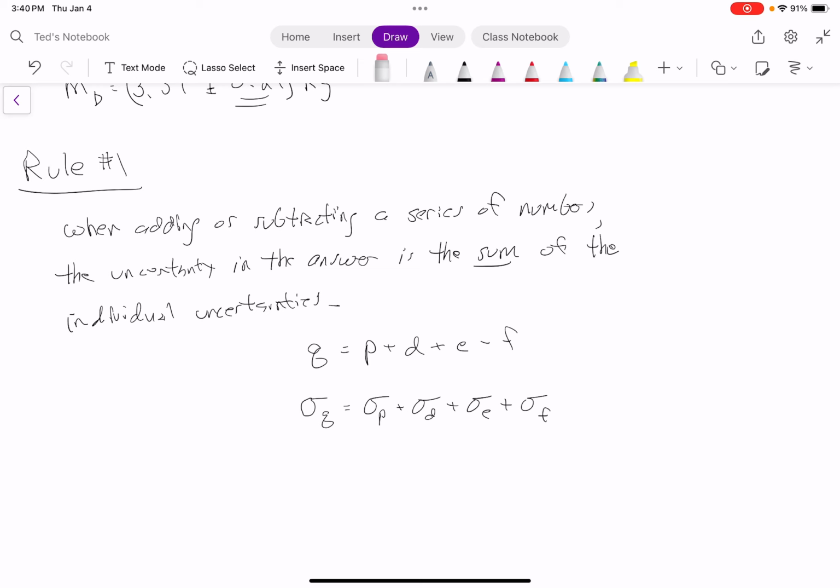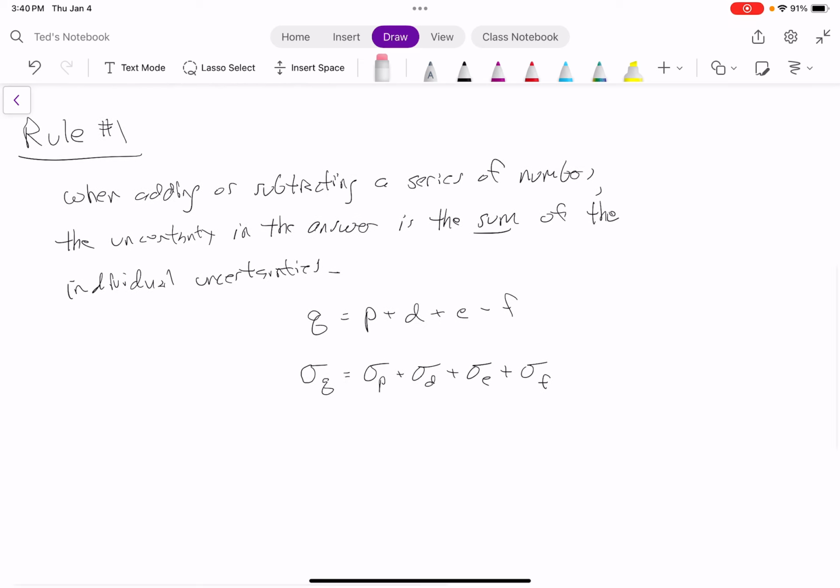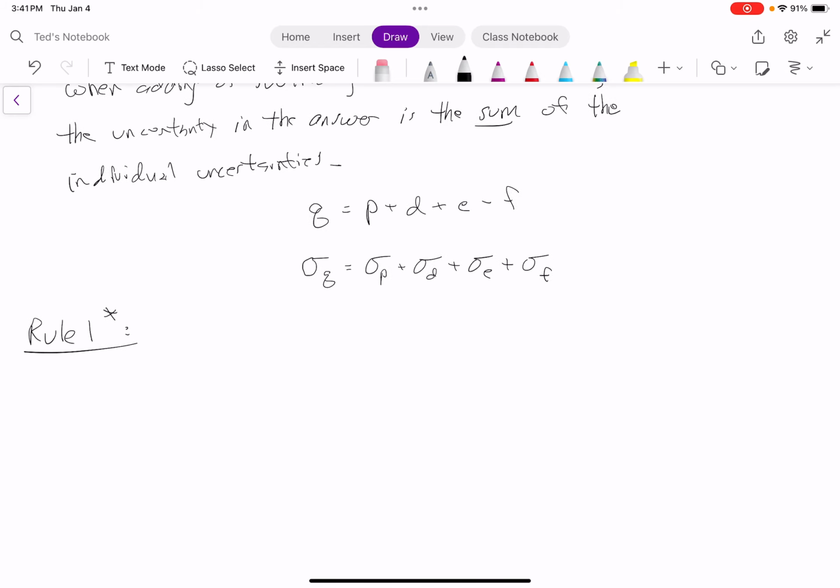That's Rule 1. Okay, so there is a corollary to Rule 1. I will call this Rule 1 star. Rule 1 star has to do with multiplying by an exact number. So let me write it this way.